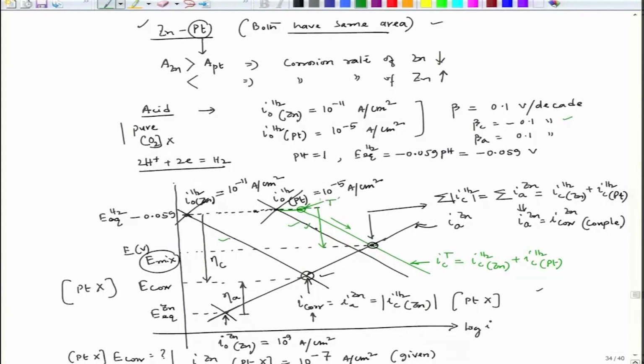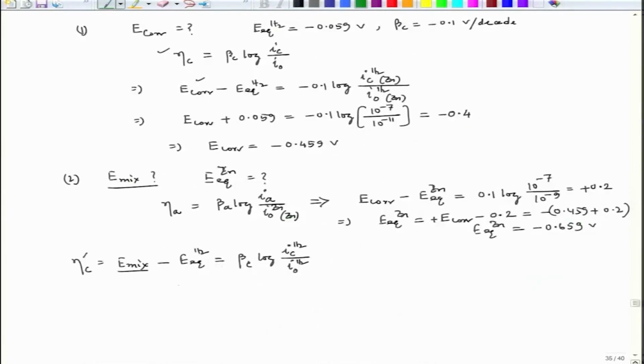If I try to find out the T point, at T, I see that IC hydrogen, or IC total, if I put I0 total for the hydrogen reaction, equals I0 hydrogen over zinc plus I0 hydrogen over platinum.